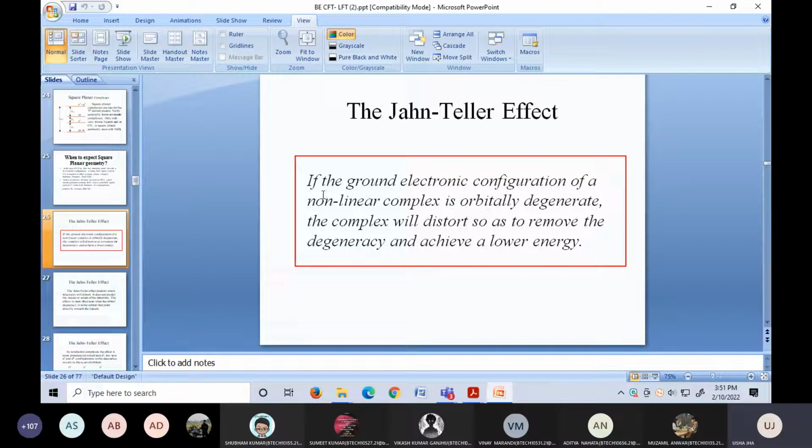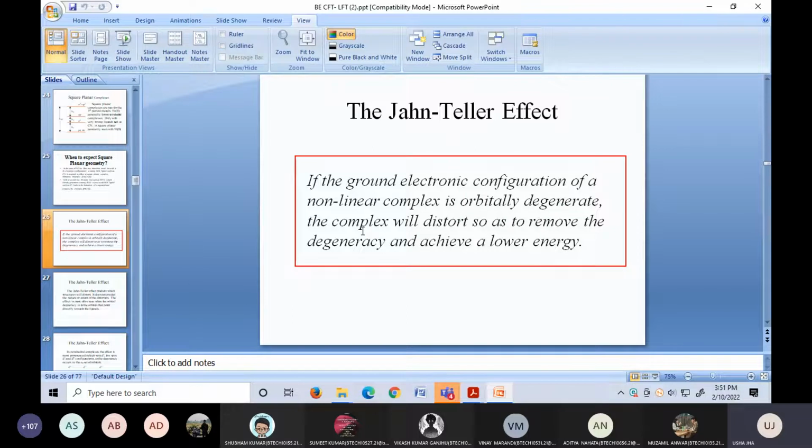Let's see what this Jahn-Teller effect tells us. First, let's read what it is. Then I'll try to explain what we mean by this. It says that if the ground electronic configuration of a nonlinear complex is orbitally degenerate, the complex will distort so as to remove the degeneracy and achieve a lower energy.